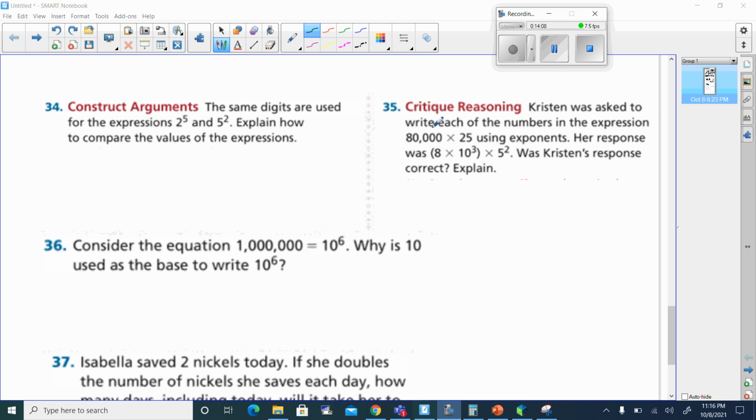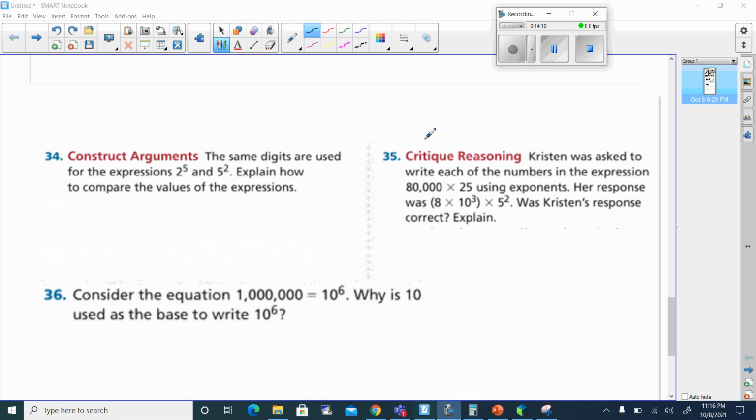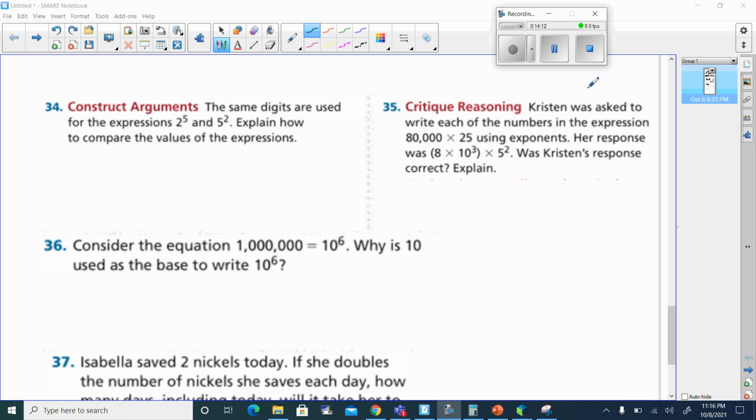Now, number 35, Christian was asked to write each of the numbers. Oh yes, we can see that there's going to be 2 different expressions here. One of them is going to be to the 10th power because we have zeros over here after our 8.